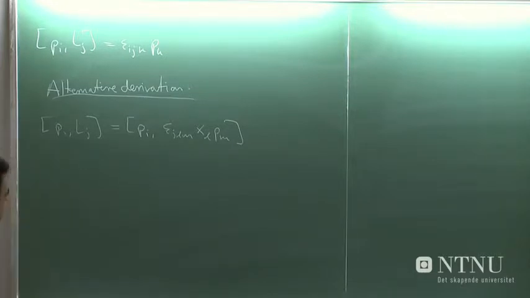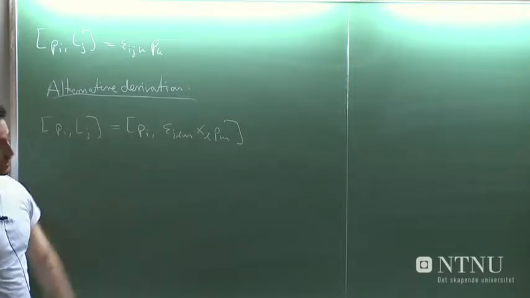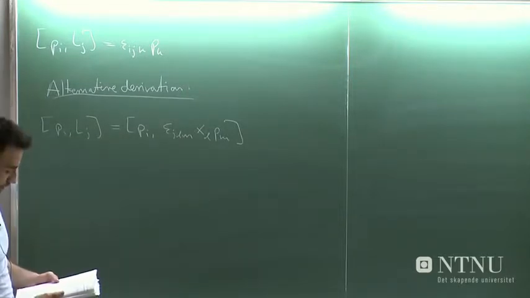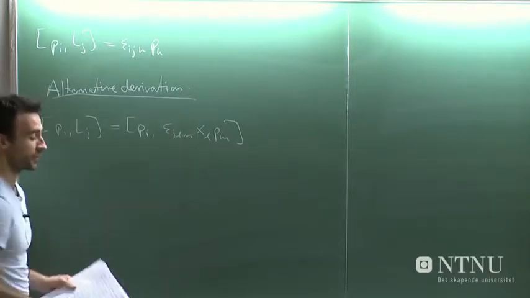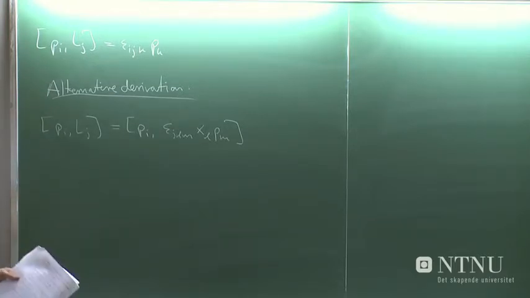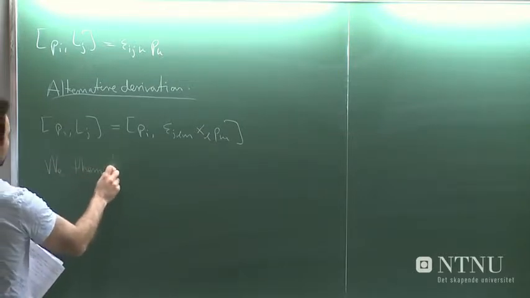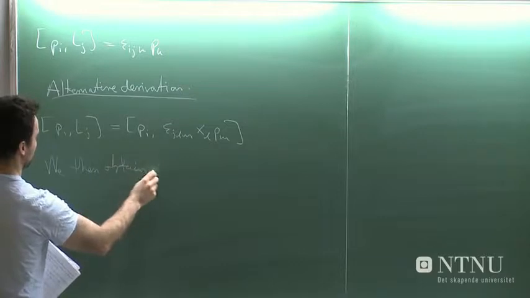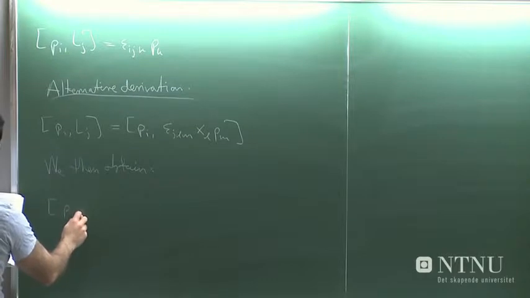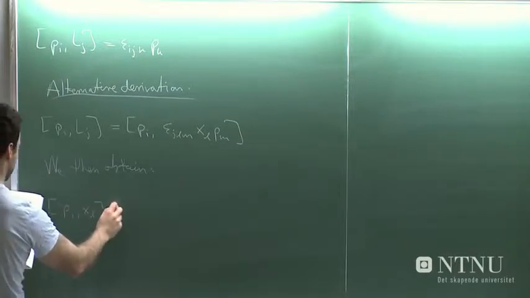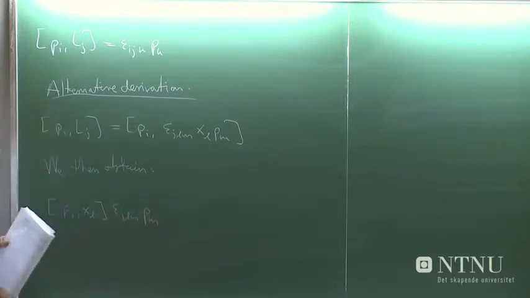And you will see precisely this form if you look back to your notes from the beginning of the course. All right, so epsilon here is just a scalar. We can just move it outside the Poisson bracket. So we get the following.